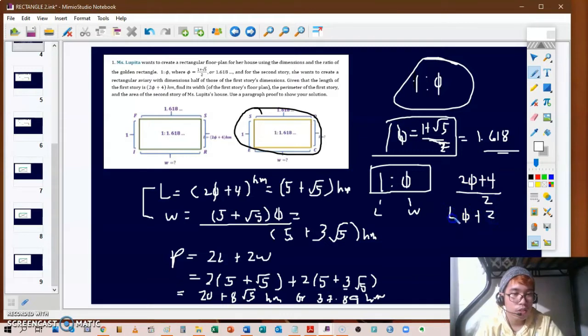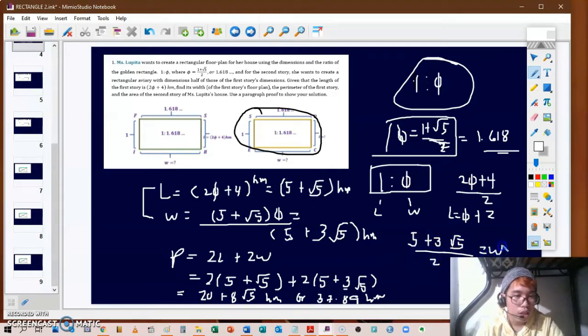So this is the length of the second story, and the width of the second story is going to be 5 plus 3 square root of 5 all over 2. So this is the width.